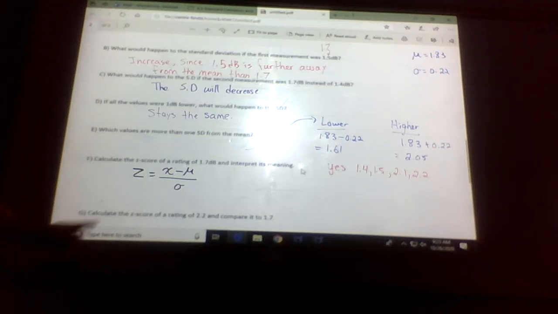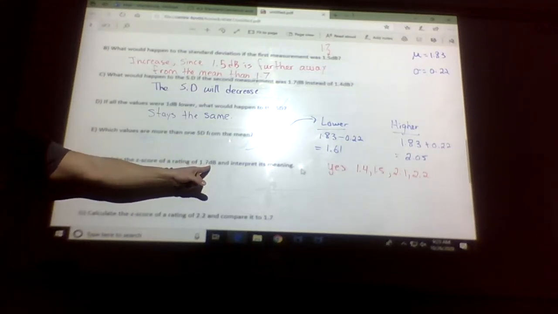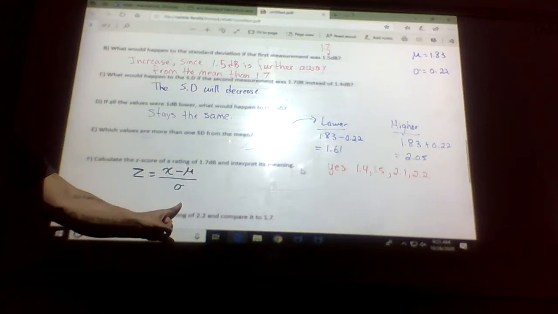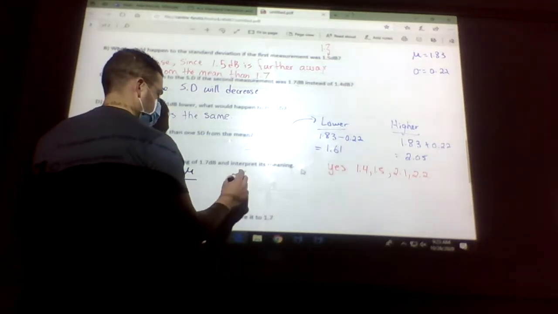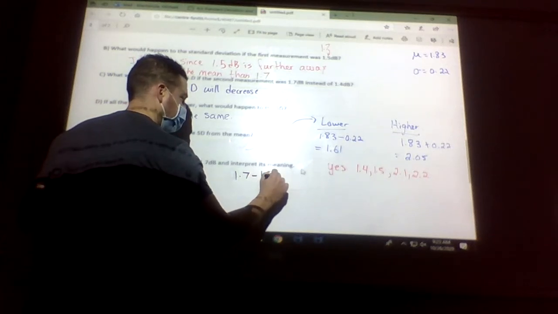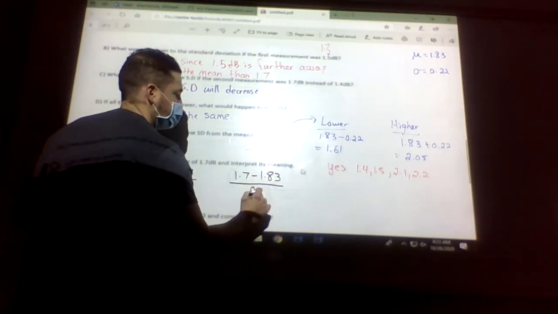The z-score tells you to take your x value, which is 1.7, subtract the average, and divide by the standard deviation. So we have 1.7 subtract 1.83 divided by 0.22.